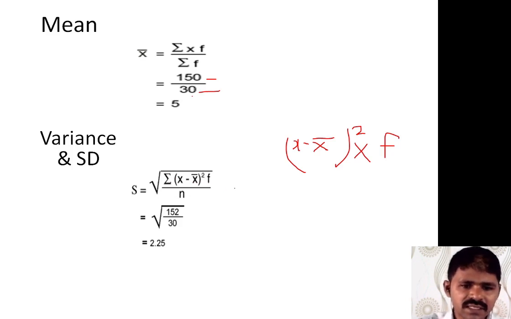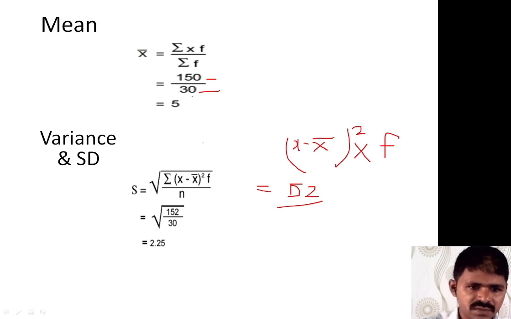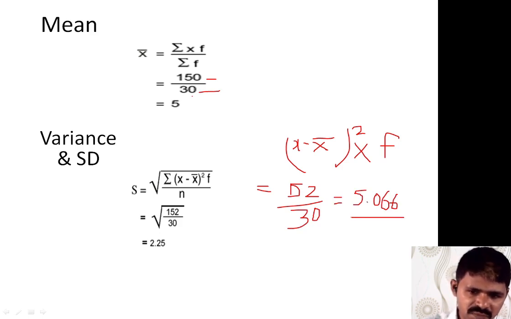So 152 divided by the total number of observations, 30, gives 5.066. This is the variance, that means sigma square, or capital S square.